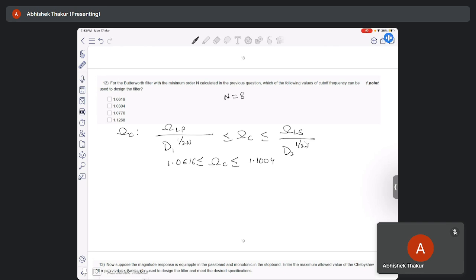So here in this question, it is up to 4 digits.